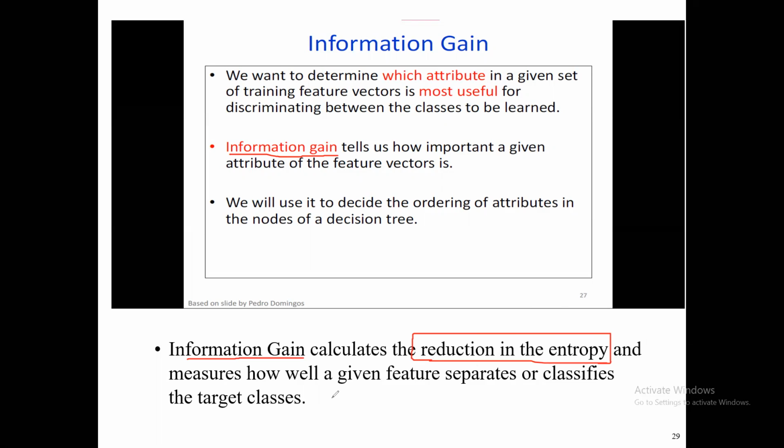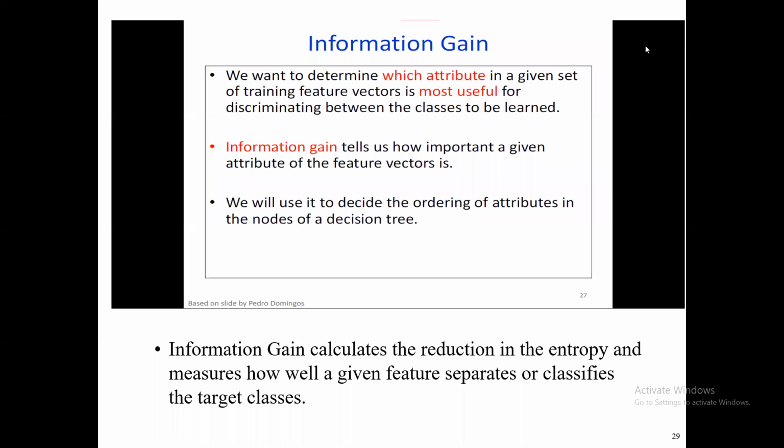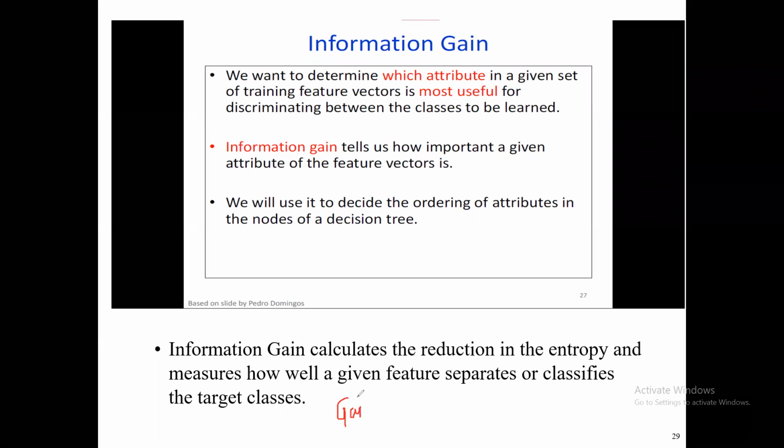So, for example, if we want to calculate the information gain on the decision, which is the labels of our data set, given that we split on the attribute patrons, for example, from the last slide, then what we'll have to do is measure this reduction in the entropy, right?